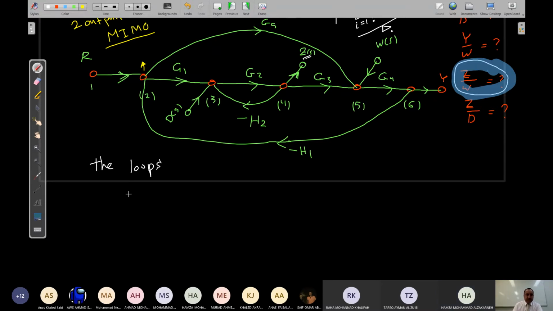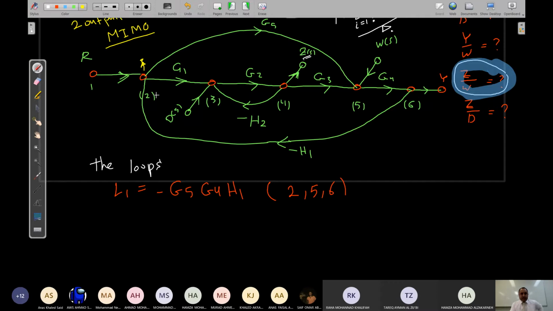Here I will write loop number 1, L1, which consists of G5, G4, H1, and don't forget about the minus. And this one is actually linking nodes 2, 5, and 6, correct? Yes.